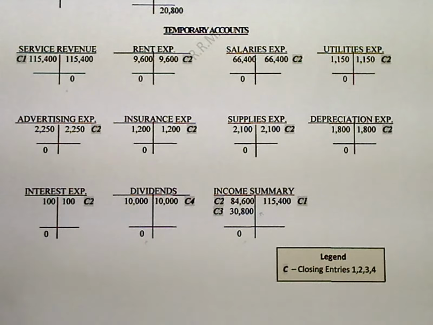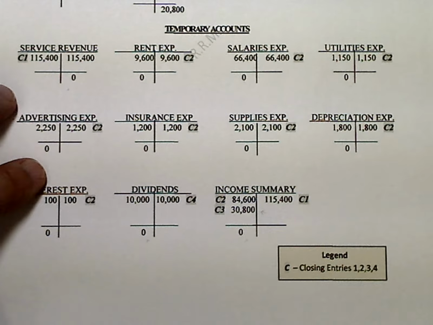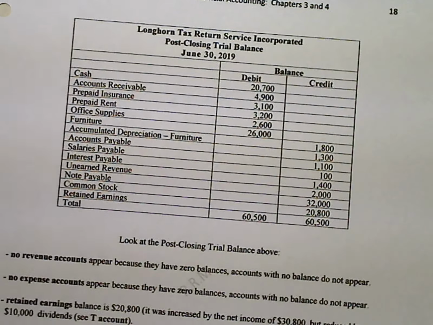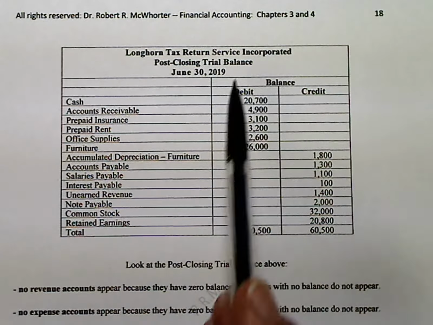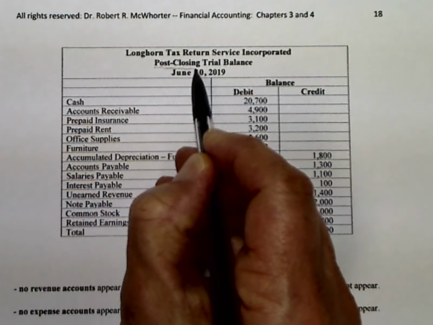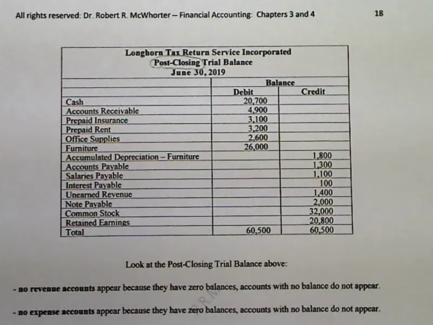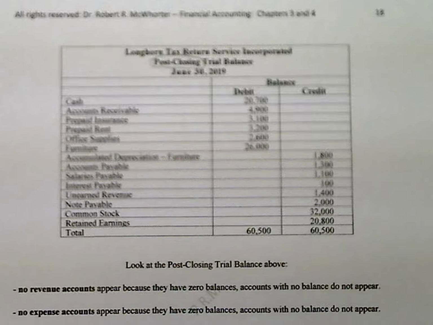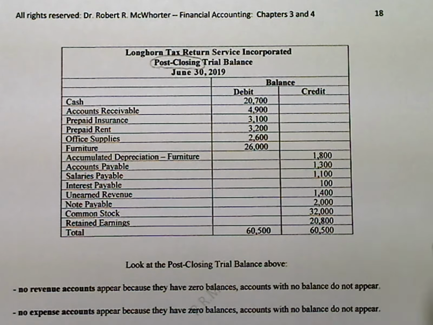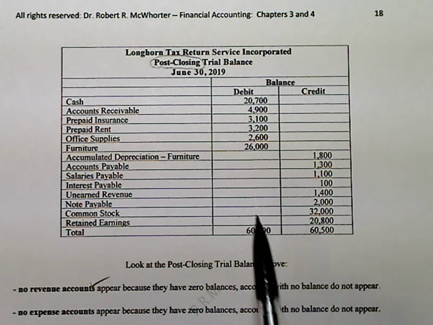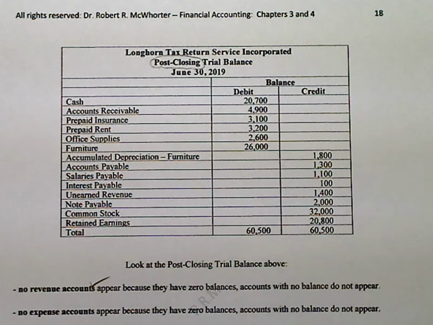After posting those closing entries to the T accounts, changing the account balances, post-closing, after making the closing entries, what are the account balances? Check them. You know what better not be here on any post-closing trial balance? There better not be any revenue account balances. They've been zeroed out.